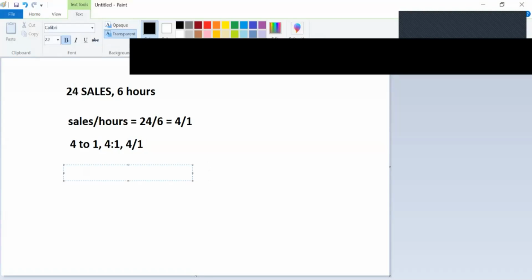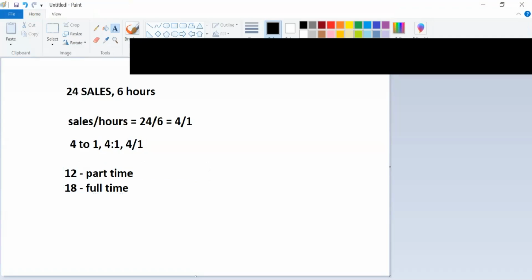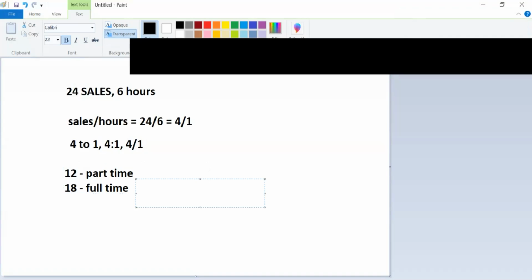So here you've got 12 part-time, and you've got 18 full-time. And you want to know the ratio of what, part-time to total? Is that what it was? I can't remember. Yes. So you have to figure out what total is, right? So first thing you do is put total is equal to 12 plus 18, right?